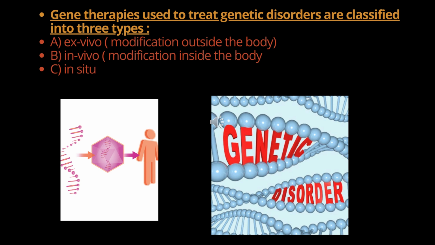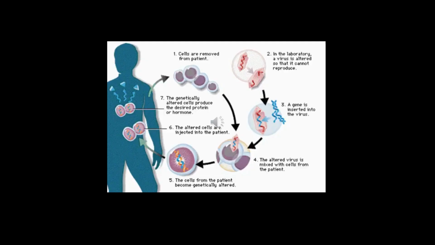They can be prevented rather than cured. As we all know, prevention is better than cure, so gene therapies can be suggested or prescribed to cure or to prevent such disorders. From the diagram, we can understand the techniques of this gene therapy clearly.